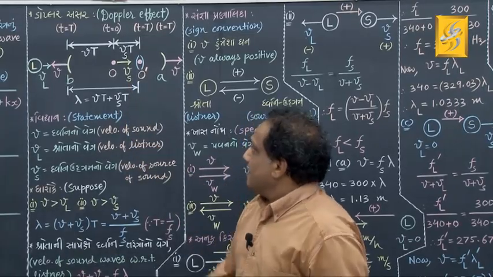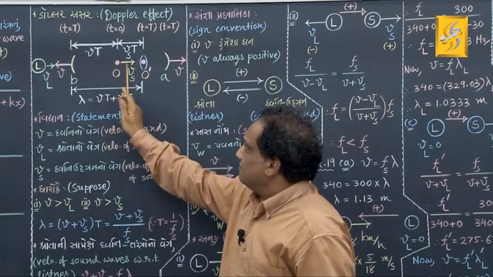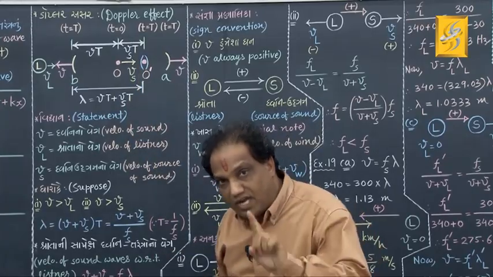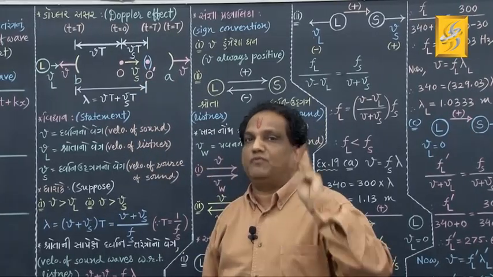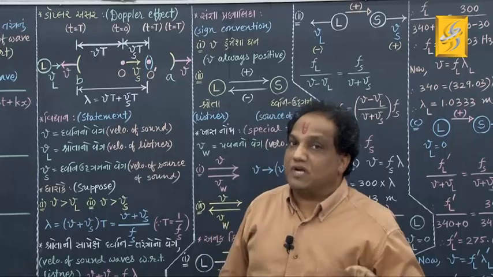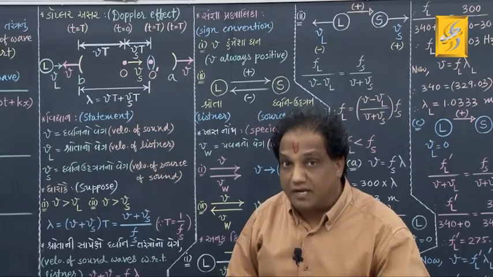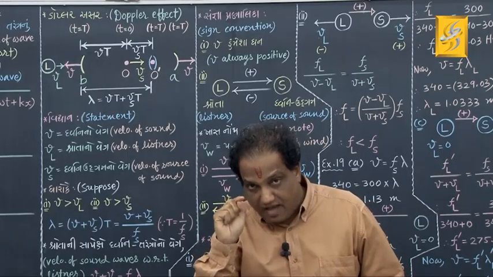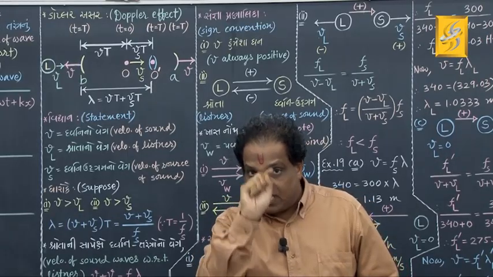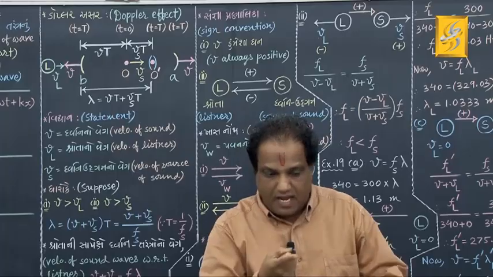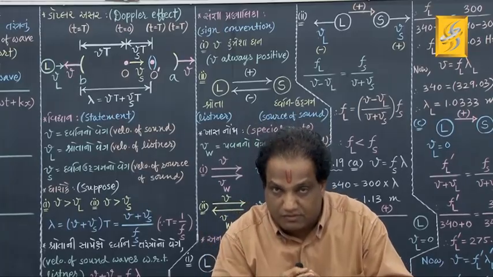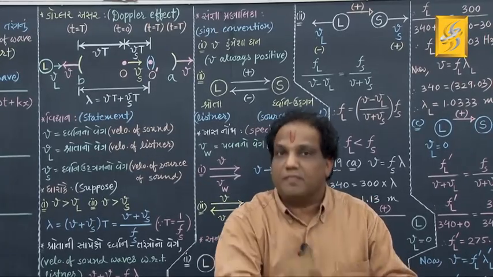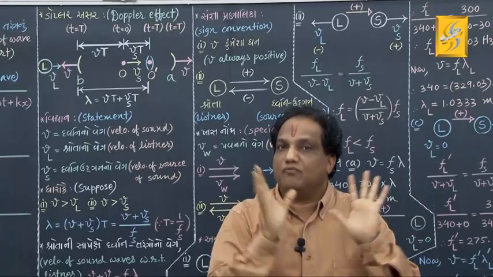Fine. Now let it move for the time interval equal to periodic time of sound wave. What is periodic time of sound wave? That is time taken by particle of air medium to oscillate only once. Time taken to complete one oscillation during the propagation of sound wave is called periodic time of sound wave.